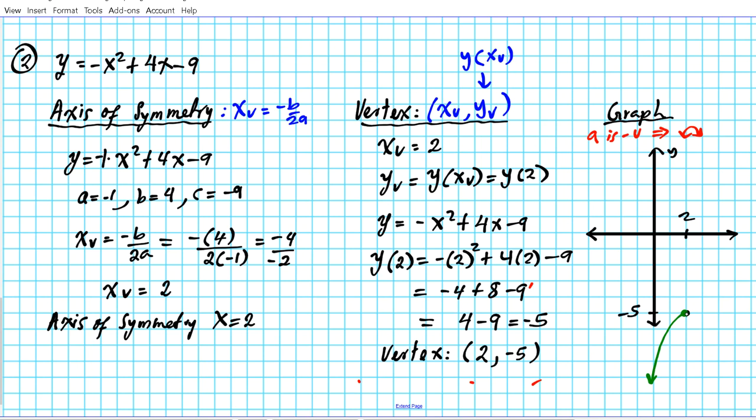So what's on the left and on the right should be exactly the same. I'm just trying my best here. It's just a rough sketch, so it doesn't really matter. Okay, and then let's draw our axis of symmetry. Our axis of symmetry divides it into 2 equal halves. Okay, so this is the vertex right here. Vertex is 2, negative 5. And this line is your axis of symmetry. So here is the axis of symmetry.